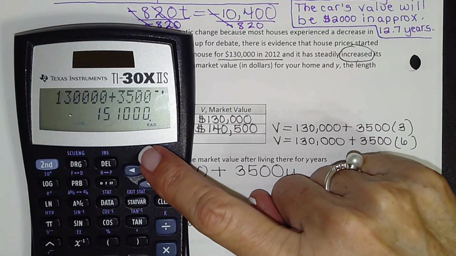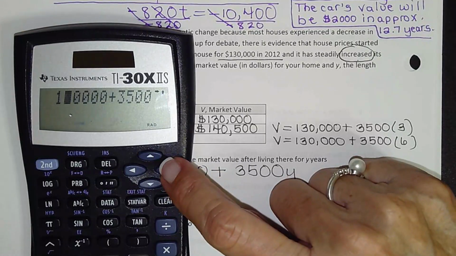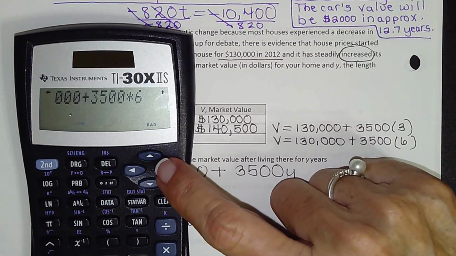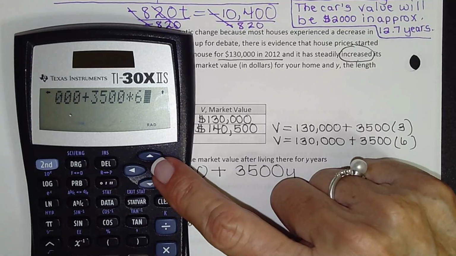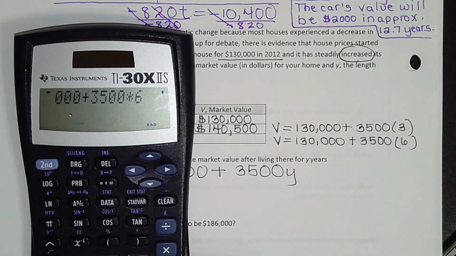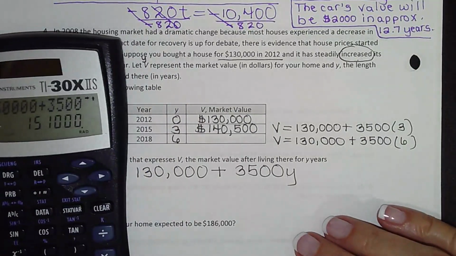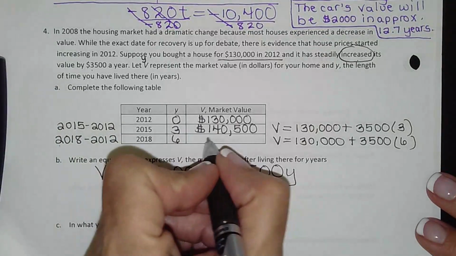So hitting the up arrow produces the last line you typed, and you can change any part of it. If you see that you typed it wrong, or you want to change a number like I did, just type right over the top and hit enter. Beautiful little calculator. So 151,000.